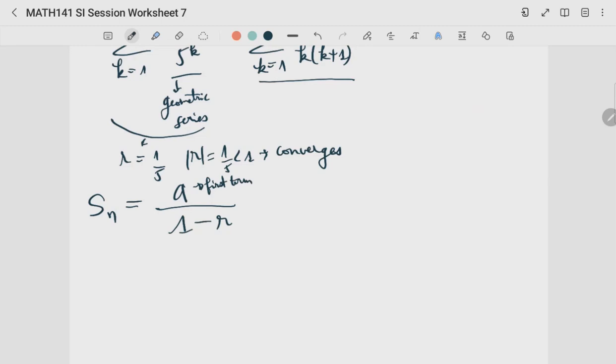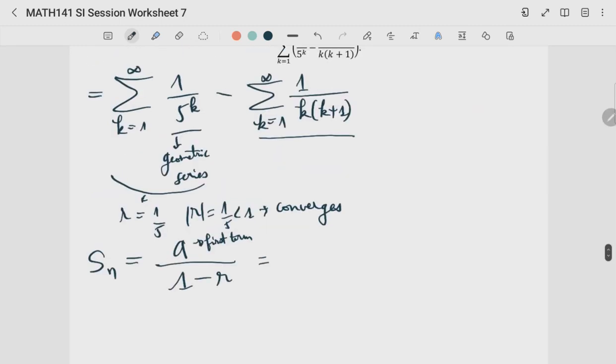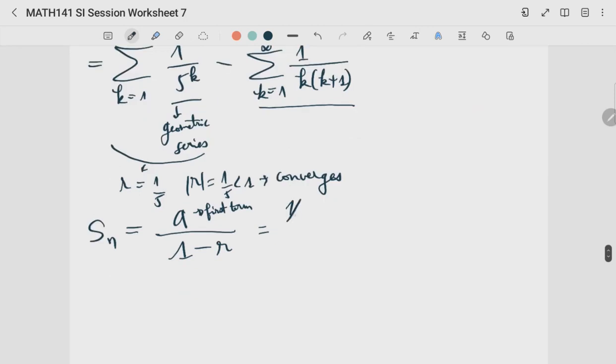So the first term of our series, as k is equal to 1, is 1 over 5, divided by 1 minus 1 over 5, which is equal to 1 over 5 divided by 4 over 5, which if you simplify correctly, should give you 1 over 4 as our answer.